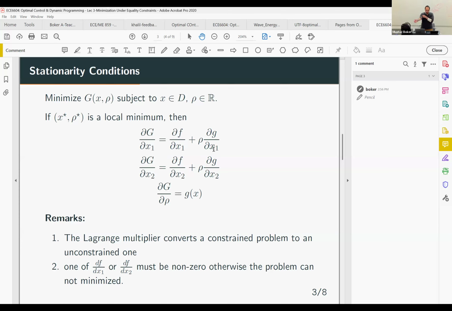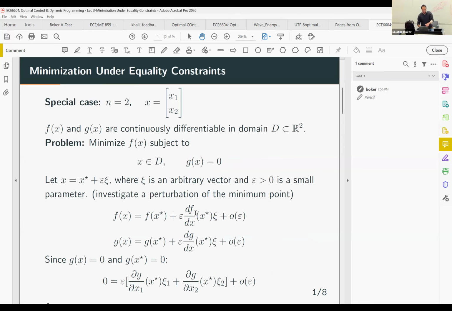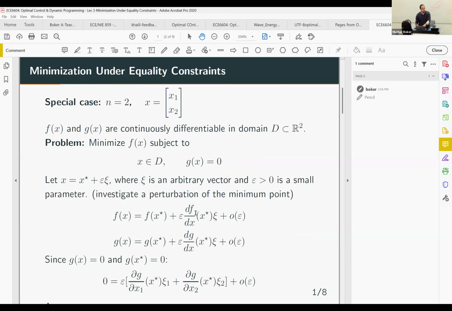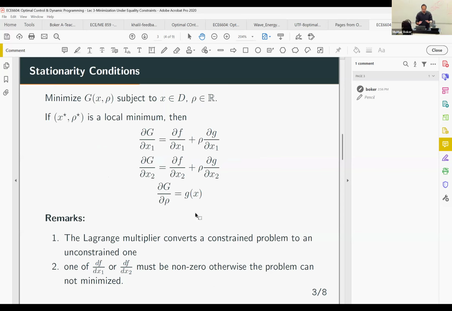Okay, this is the main slide here. I want to take a minute to observe this slide. This slide is the result of what we've done in the previous two slides. We started from a constrained problem, which we don't know how to solve. Now, that problem is cast as an optimization problem.